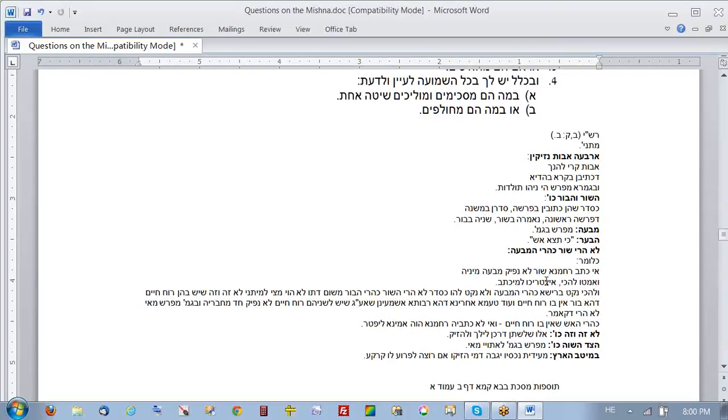It's telling me that the second one must be written because there's no way to derive it from the first. That means the chumrah in the first is preventing me from deriving the second one, not that the second one is eliminating the chumrah in the first. It's a different system. Okay?